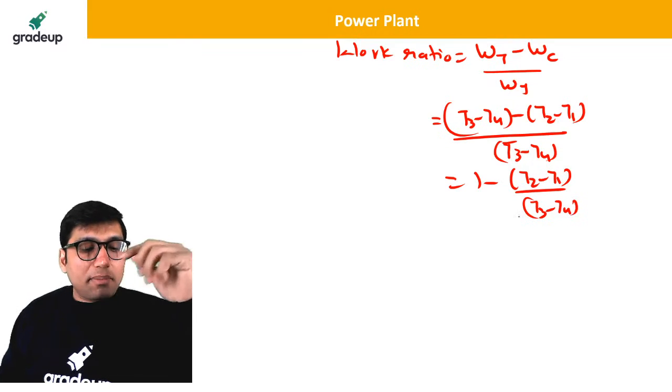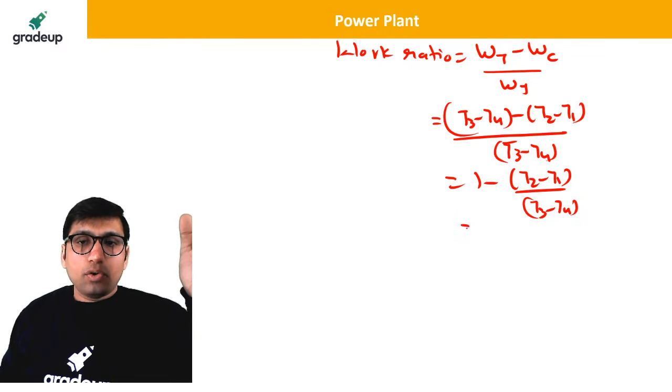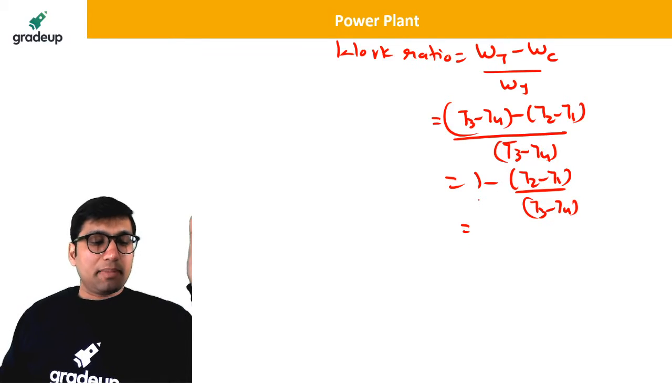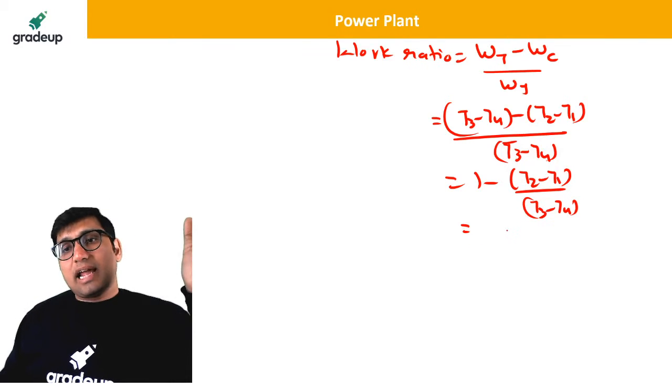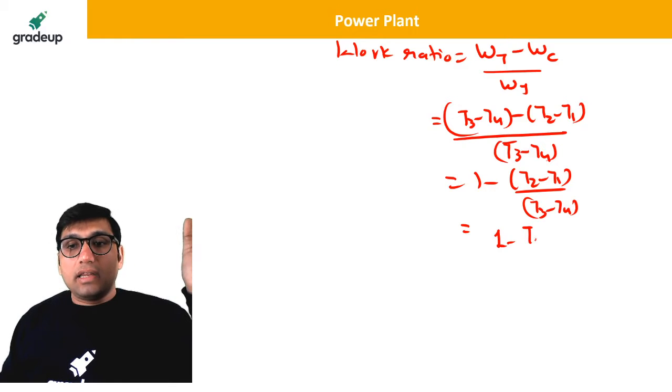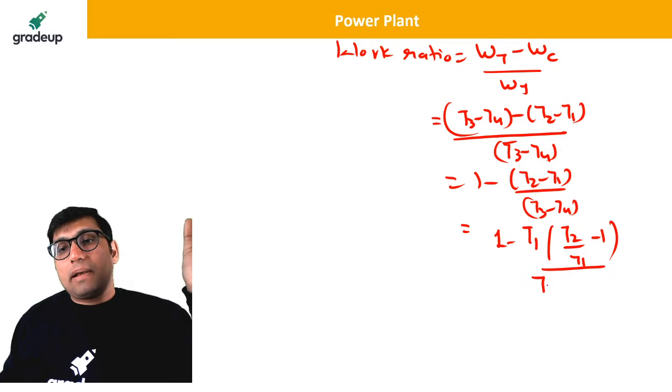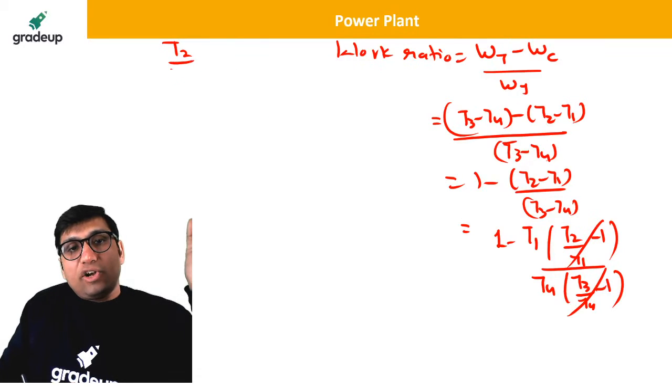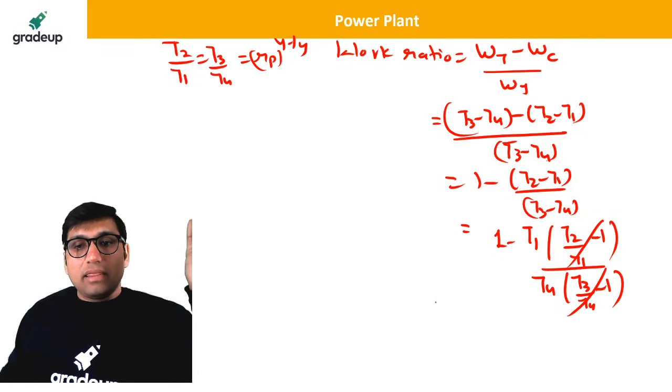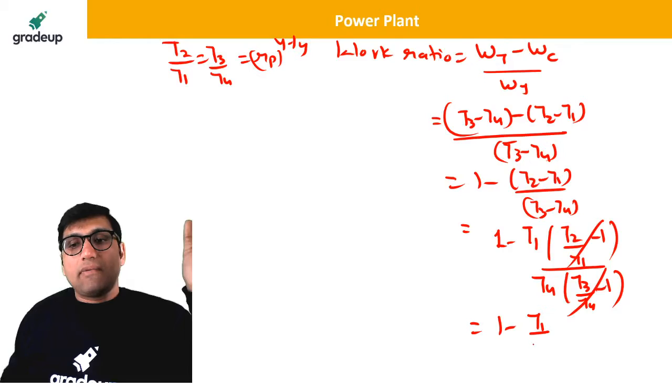If you do some rearrangement, I am telling you the shortcut only, then what you will be getting here? 1 minus T1 times (T2 by T1 minus 1) divided by T4 times (T3 by T4 minus 1). This will get cancelled out because you know that for Brayton cycle T2 by T1 is equal to T3 by T4 is equal to pressure ratio to the power gamma minus 1 by gamma. So we can say that work ratio is equal to 1 minus T1 by T4.